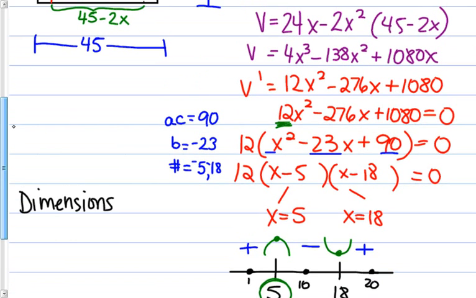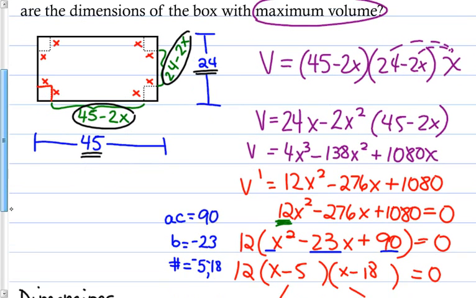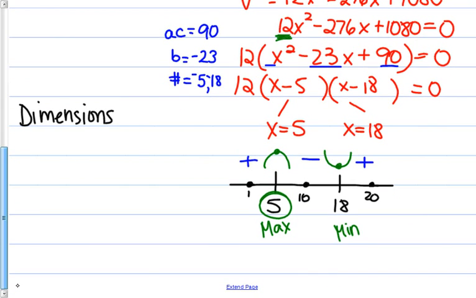Let me go back up here real quick. Remember, I want to know what the dimensions of the box are going to be, not the original dimensions of the cardboard. So not 45 and not 24. I'm going to use 45 minus 2x and 24 minus 2x. That'll be my length and my width, and then x will be my height. So x is 5.